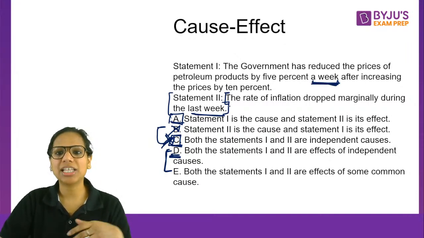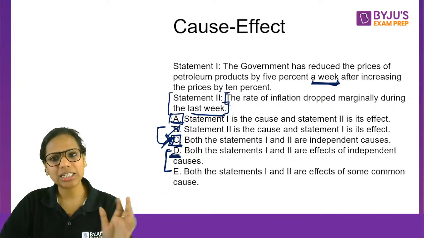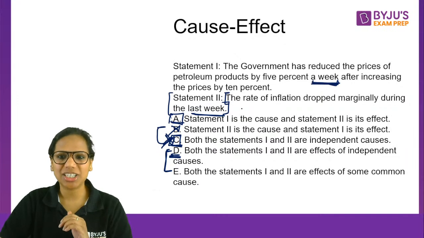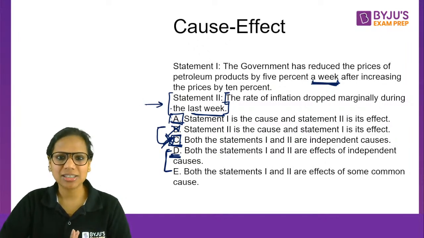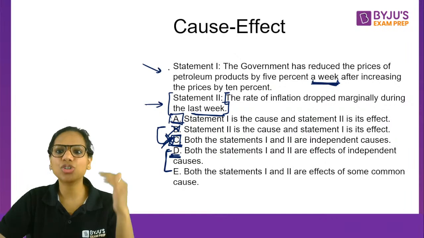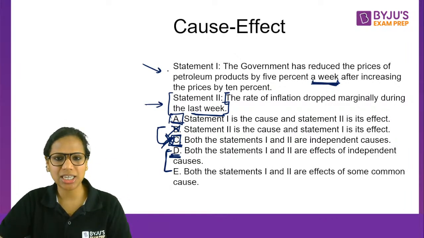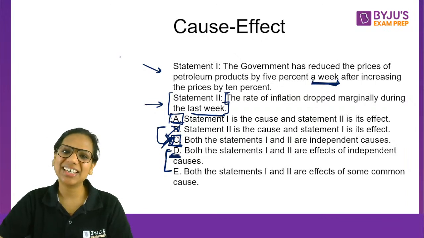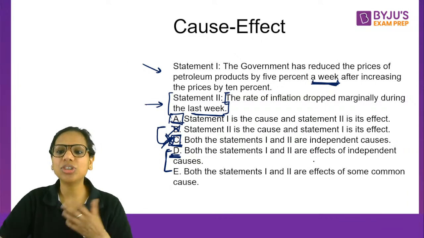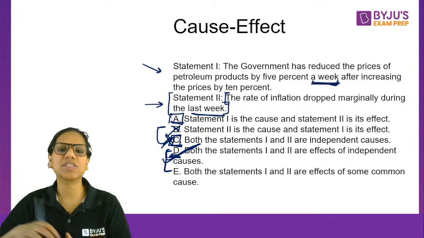So 5%, let's say per week, or 5% in one week, right? But definitely not the last week. The rate of inflation dropped marginally during the last week. So this could have happened due to something else. And the government dropping it every week, or in one of the weeks, could have happened because of something else, right? So both these are effects of independent causes here.